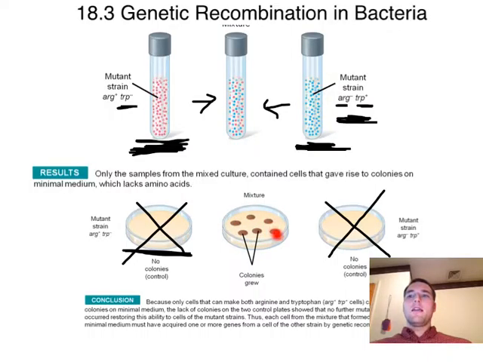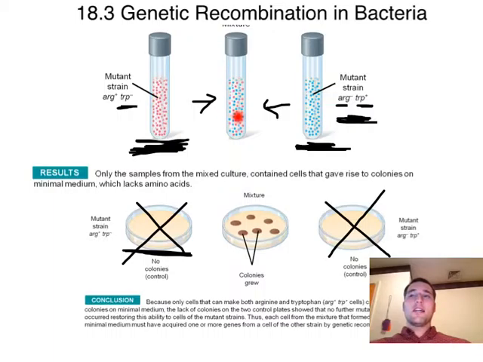Okay, and I say a few here, they're showing 6 different bacterial colonies, which would mean of all the bacteria that were in here, only 6 of them ended up being able to live. But 6 is a number that's a lot higher than what you would expect from just random mutations and replication. So somehow the tryptophan gene from this and the arginine gene from this are combining into the same bacteria.